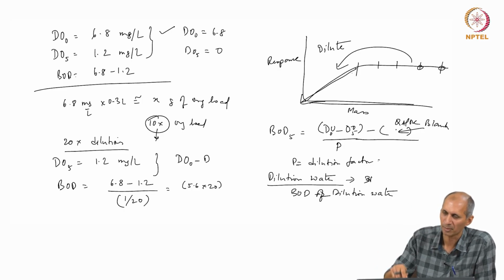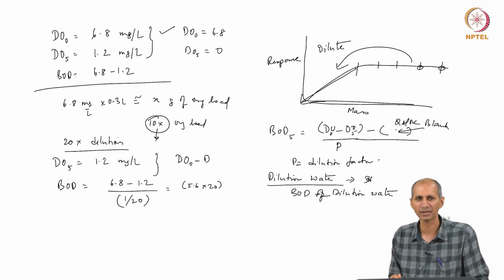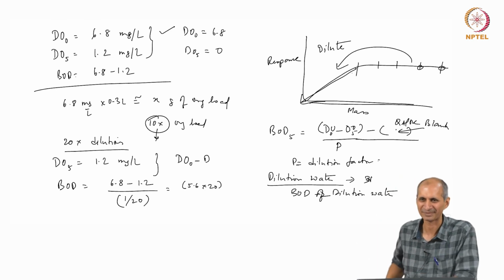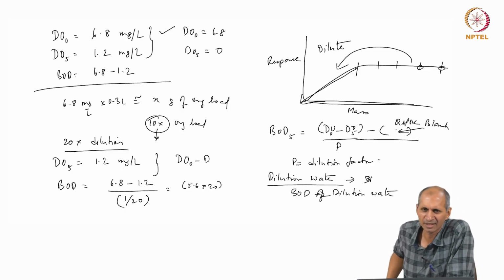They will bubble oxygen or air through water for a long time, 1 day, 2 days, and keep measuring. What is the solubility of dissolved oxygen roughly? Between 9 and 10 milligrams per liter.